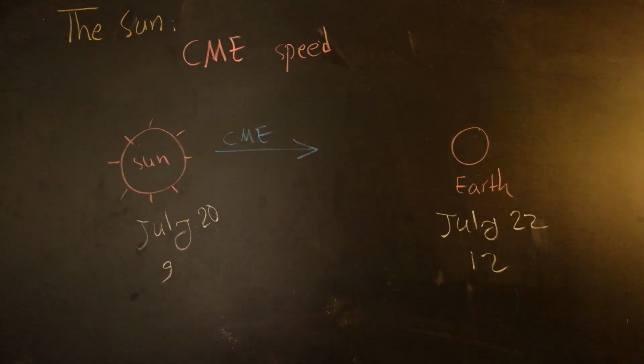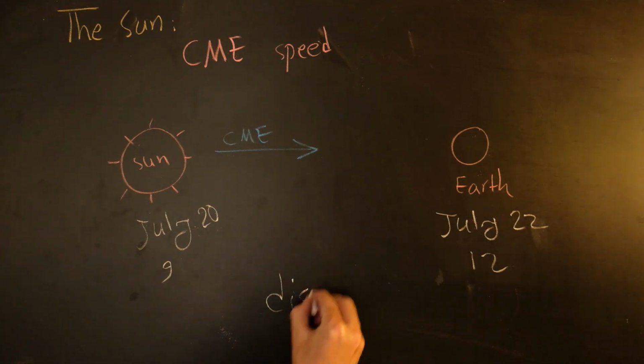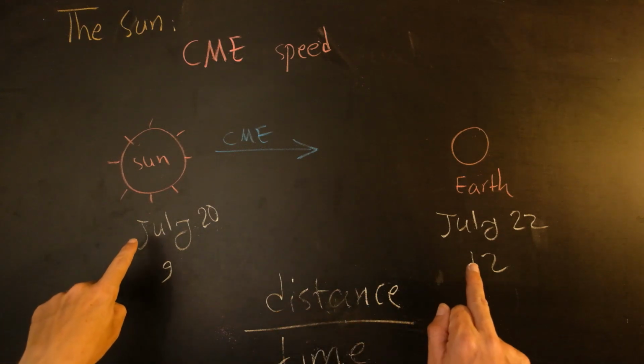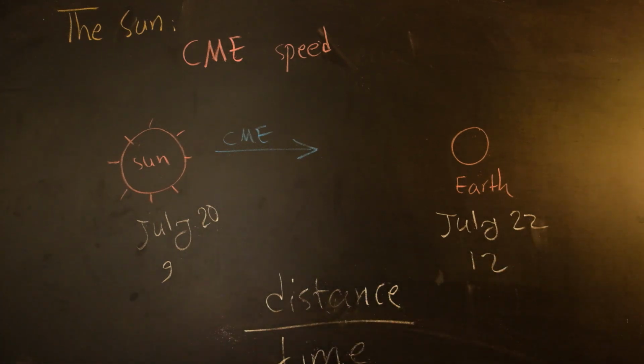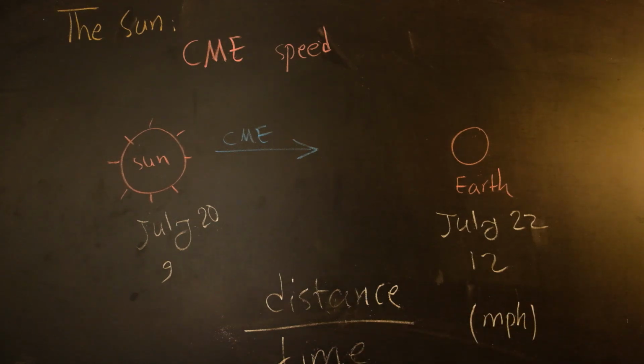So basically you take that distance, which is in miles, divided by time in hours. Just take that number from your question. Time is the time difference from this point to this point, 50 hours in this case. Then divide this number, and that will give you the speed, which is miles per hour, and you don't need to convert anything.